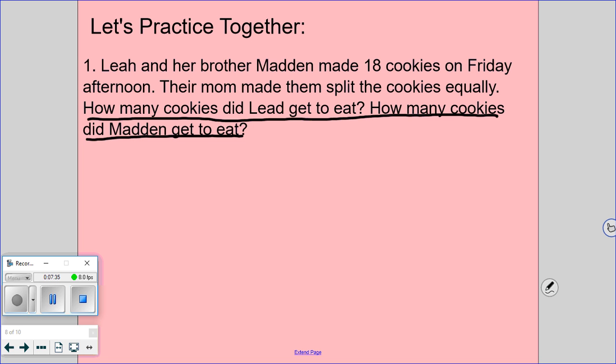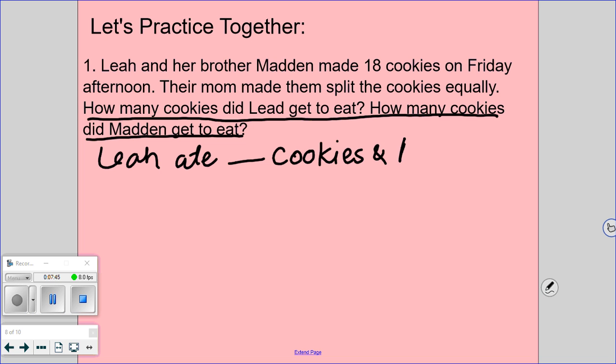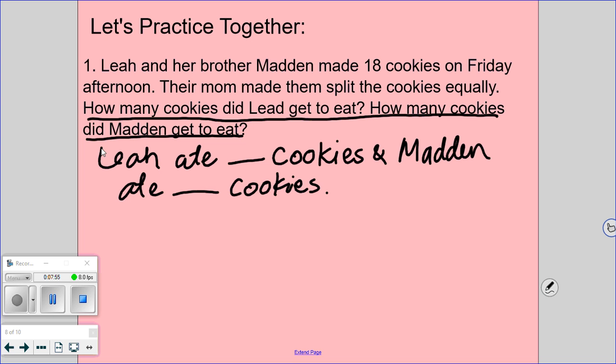We got 8 cookies. Perfect. We have Leah 8 blank cookies, and we have Madden 8 blank cookies.